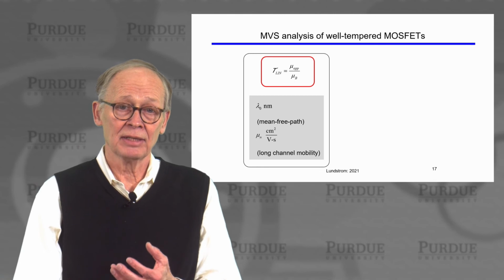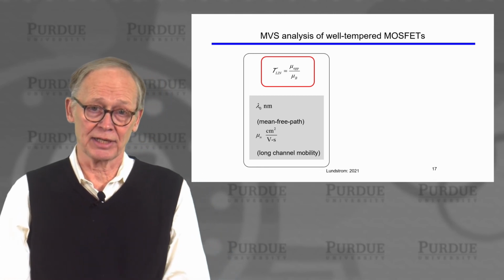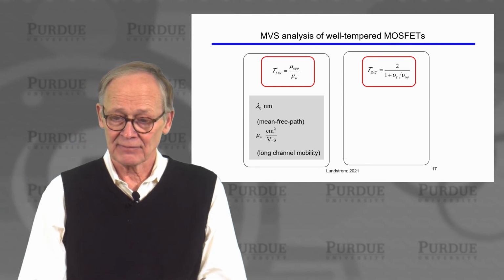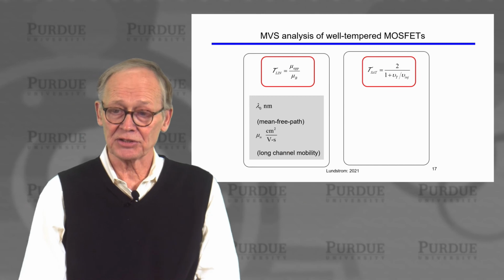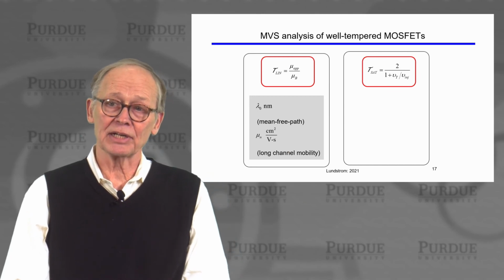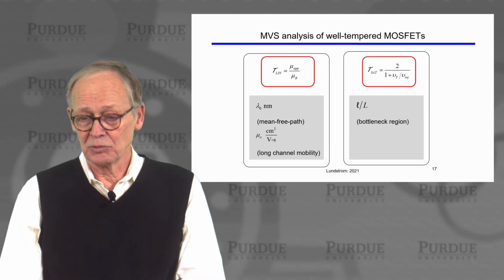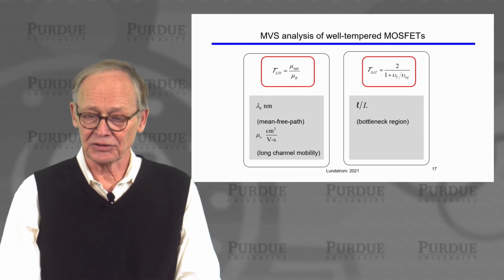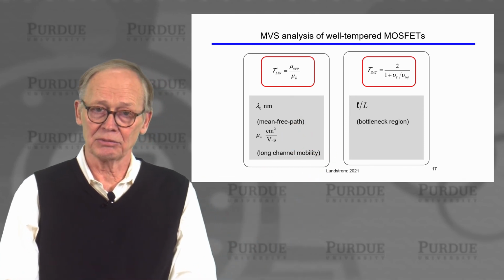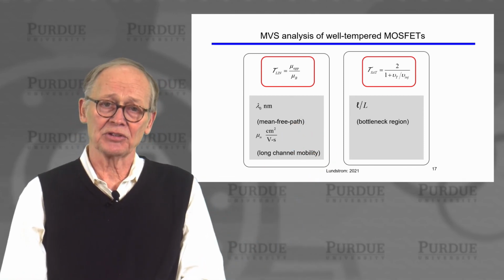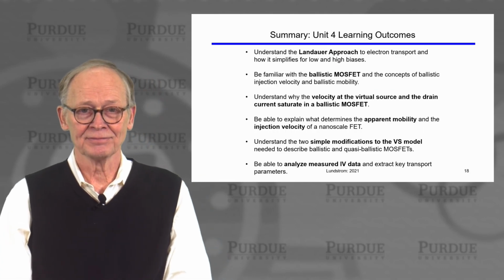Knowing the mean free path, we can deduce what the mobility would be in the corresponding long channel MOSFET. Under saturation conditions, the transmission is related to the injection velocity and to the unidirectional thermal velocity, which we can compute. We showed how we can use that analysis to deduce the length of this critical bottleneck regime, and we showed that it was about 10% of the channel length for a couple of different transistors.